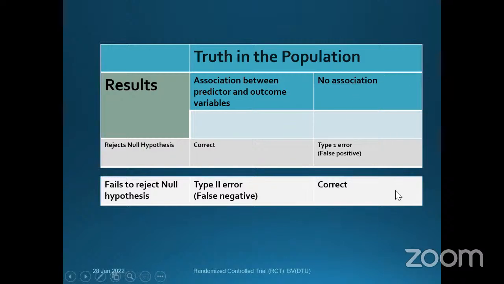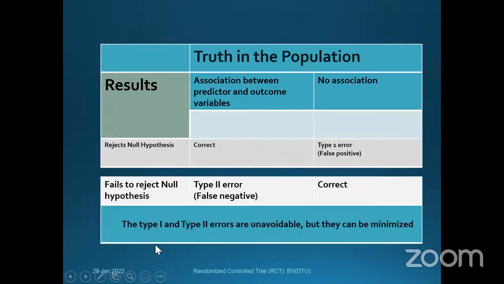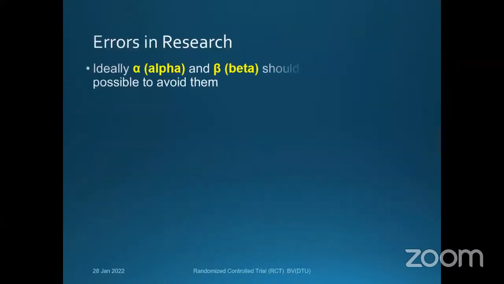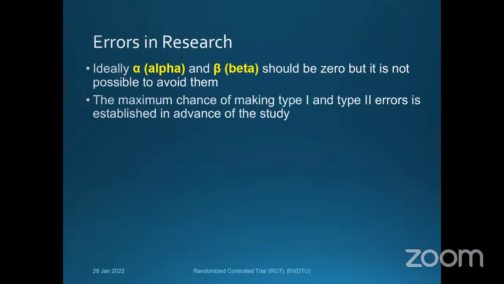So there are true positives, true negatives, and a type 1 error is a false positive, a type 2 error is a false negative in any study. Type 1 and type 2 errors are unavoidable, but they can be minimized. So ideally alpha and beta should be 0, but it is not possible to avoid them. The maximum chance of making type 1 and type 2 errors is established in advance of the study, a priori.